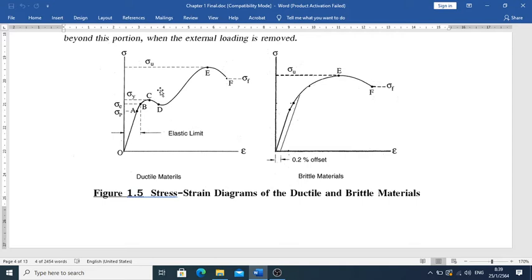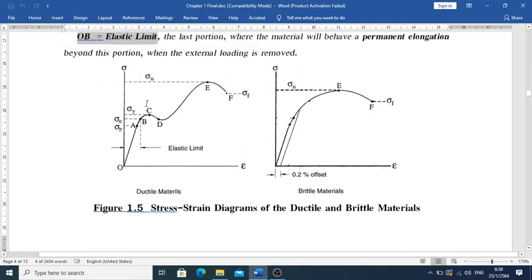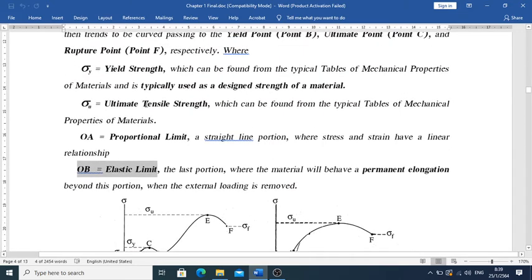It is starting some kind of permanent elongation. So at point C there, we call that the yield point.